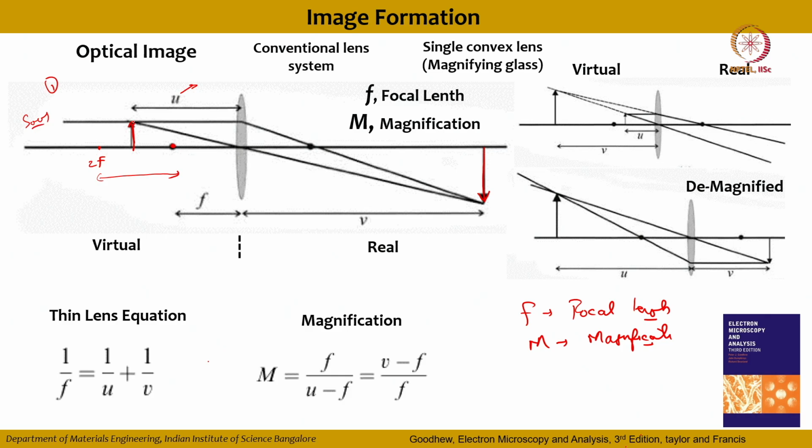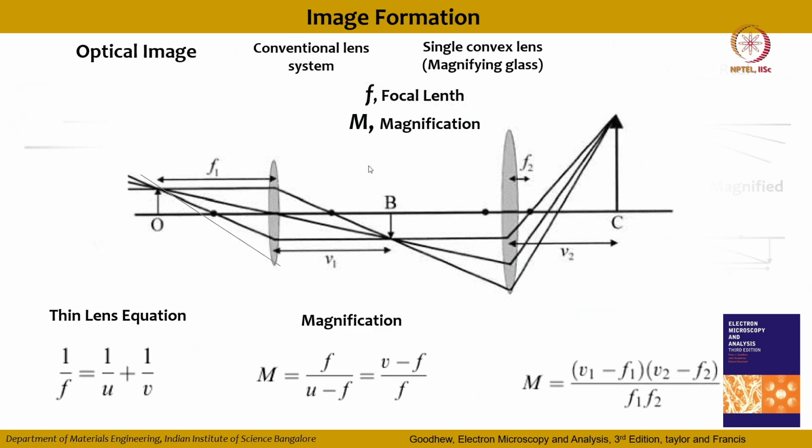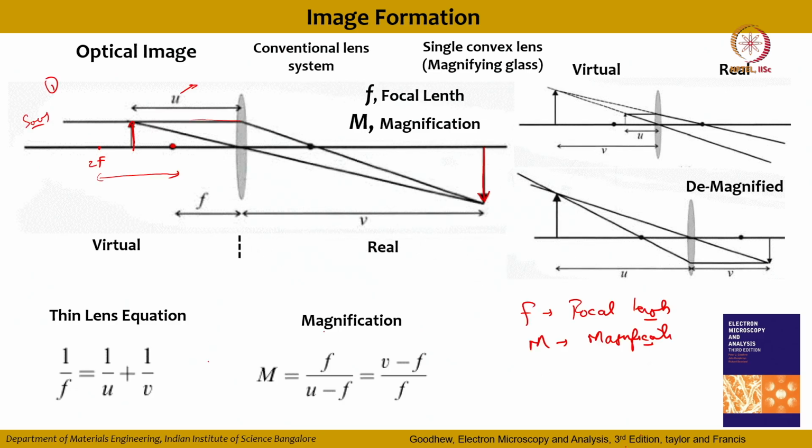That source of light hits this particular object. Then you can see this ray diagram. It passes through the focal point and it will form a real image which is inverted and magnified. So you will get a magnified, real and inverted image. This is when your object is placed between f and 2f.